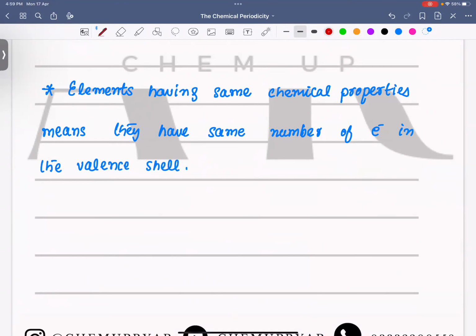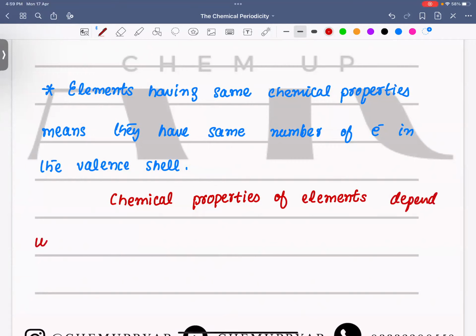So from this, I can conclude that the chemical properties of elements depend upon the number of valence electrons.